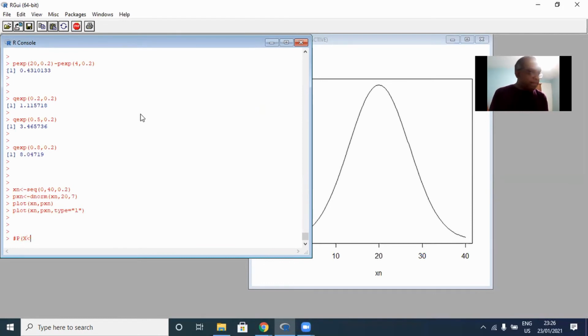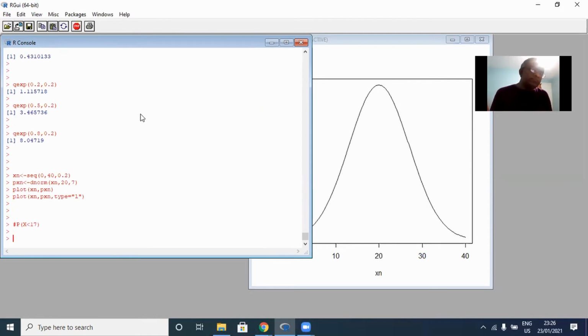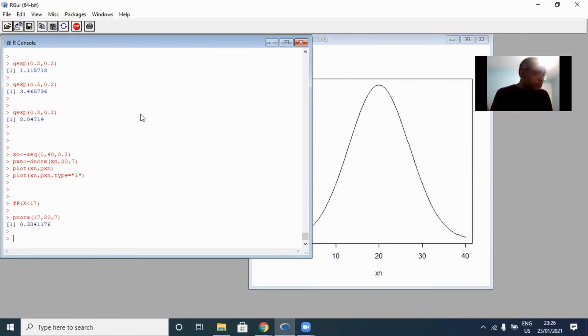The first is the probability that x is less than 17. So to compute this, you just say pnorm 17 with mean equal to 20, standard deviation equal to 7. So that's the value.